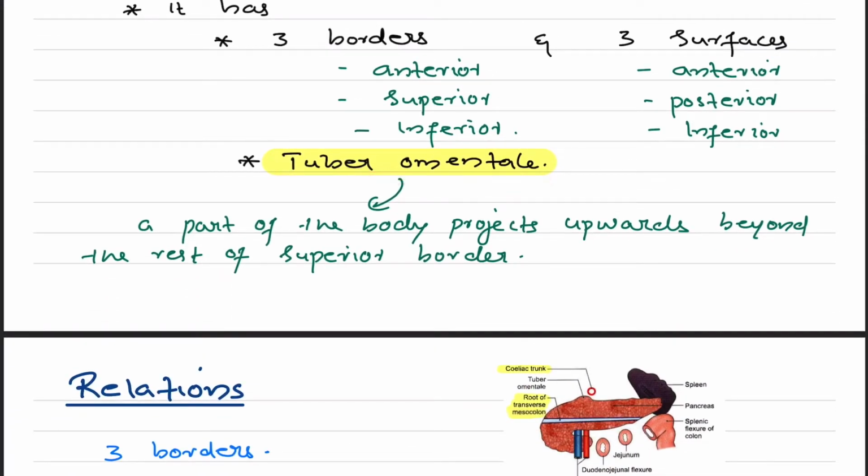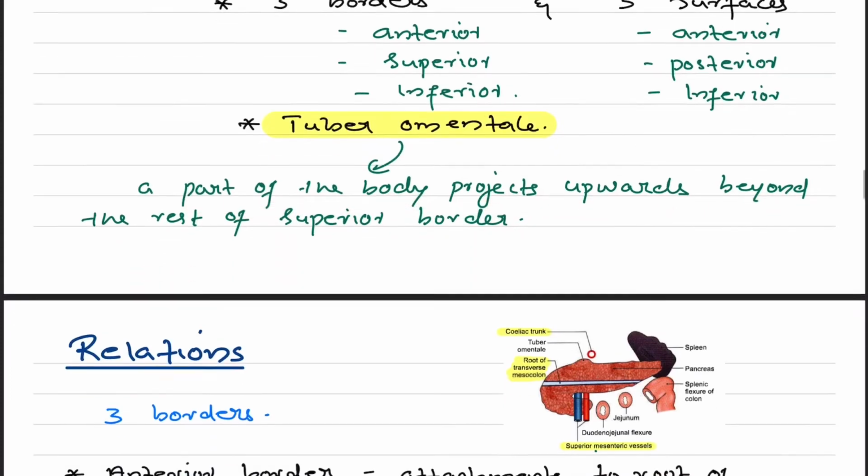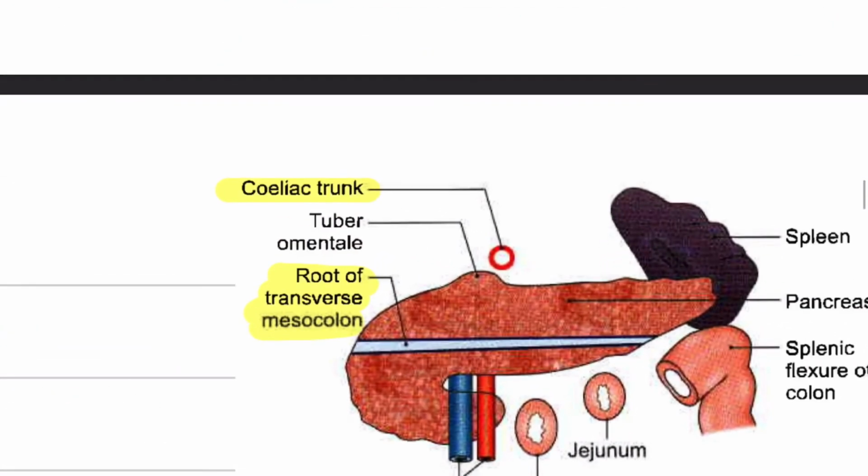the tuber omentale. It is the part of the body that projects upwards beyond the rest of the superior border. See, this is our superior border. This part which projects upwards compared to the rest of the superior border is called the tuber omentale.